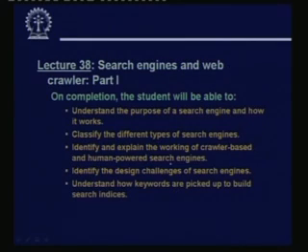Now, in lecture 38, we talked about search engines and web crawlers, the first part of it. We talked about the search engine, why it is used, how it works, what the different types of search engines are, and we said that broadly there are two classes of search engines, one is crawler based and the other is human powered.